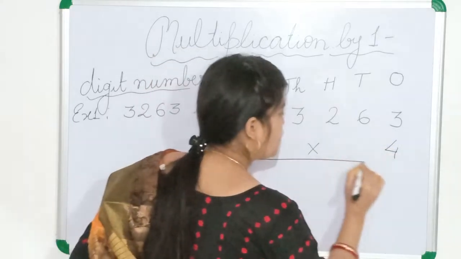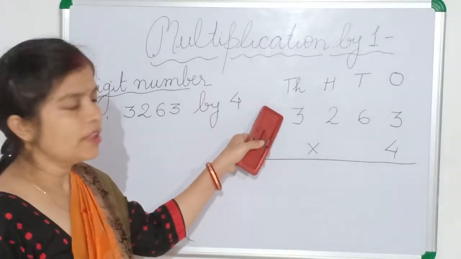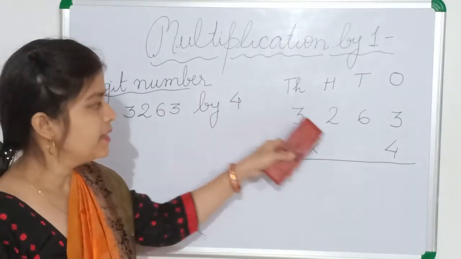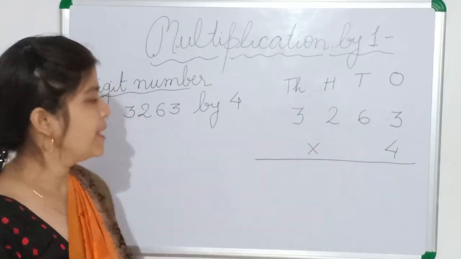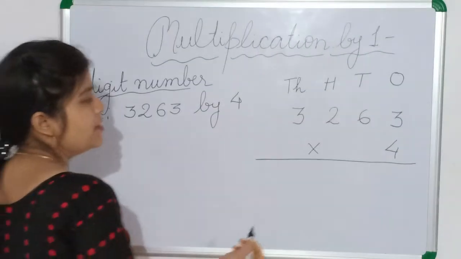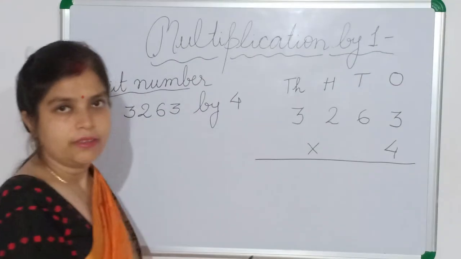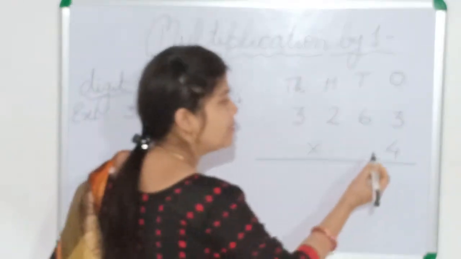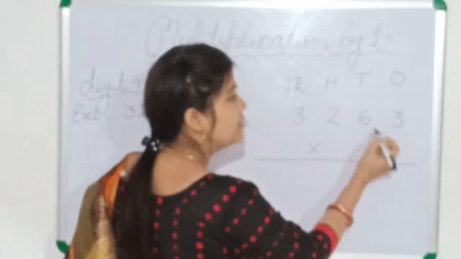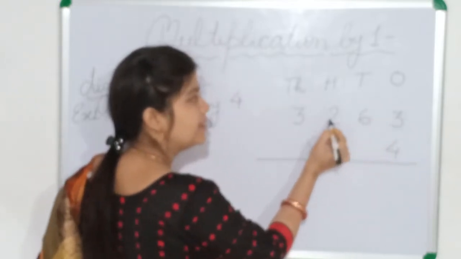Again, this number is known as multiplicand. This 4 is known as multiplier. Now I have to multiply this number. You know the table of 4, it is very easy now. So from 4 we will multiply one by one each digit, first the ones place, then tens place, then hundred, then thousand.